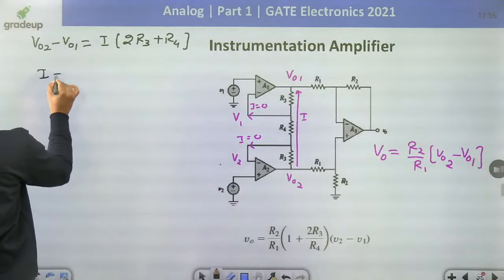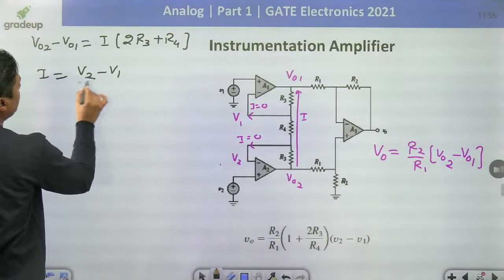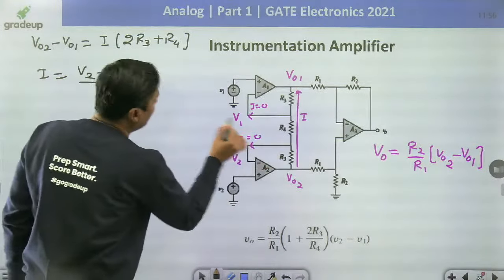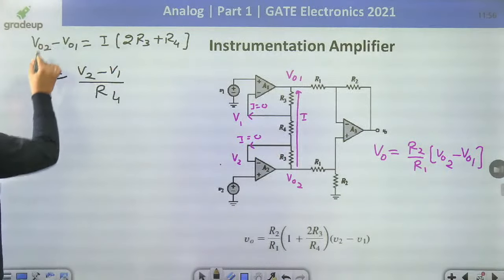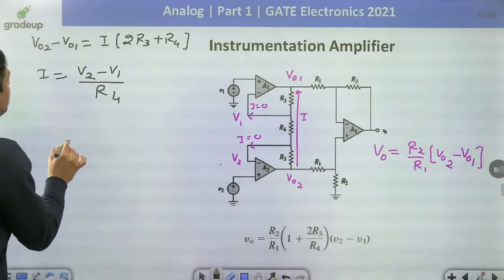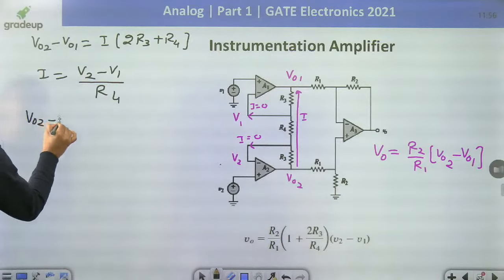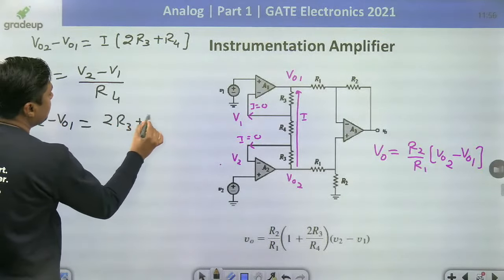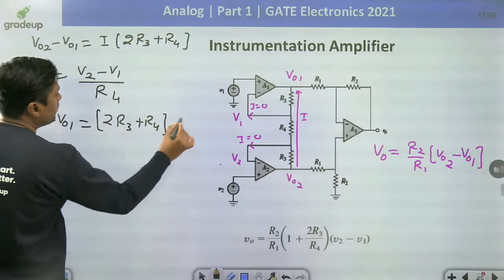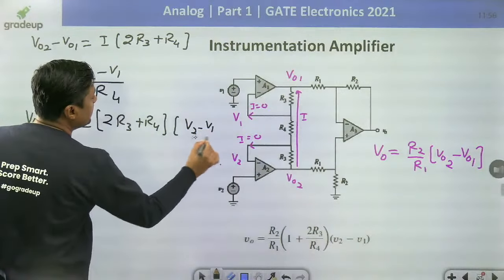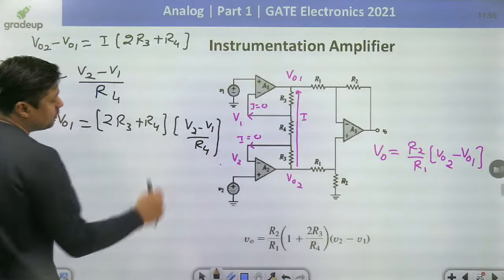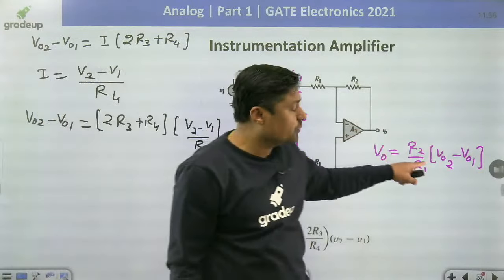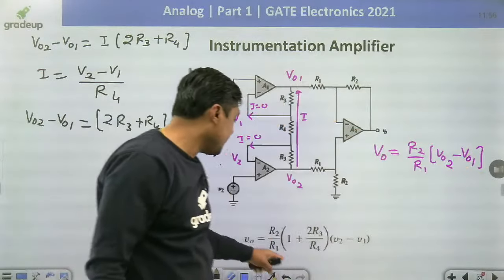Then I is nothing but (V2 minus V1) divided by R4. So V02 minus V01 will become (2R3 plus R4) times (V2 minus V1) divided by R4. This is the output V02 minus V01, so this is multiplied and you will get the answer.